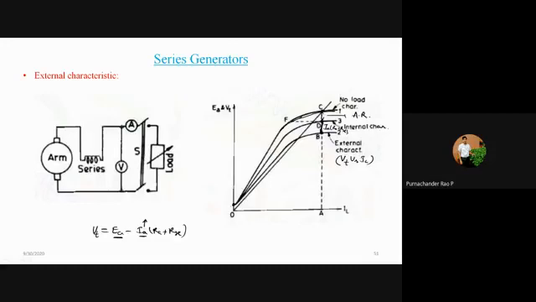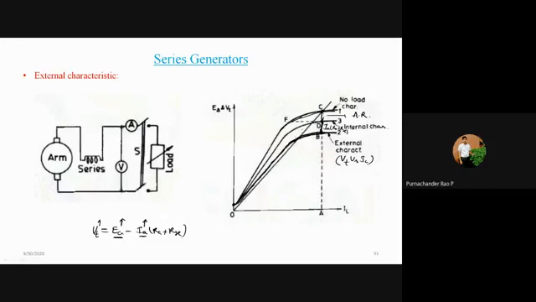Then as Ia increases, your generated voltage Ea also increases, and therefore your terminal voltage goes on increasing in this fashion. This will vary linearly, because Ea varies linearly, and therefore your terminal voltage also varies linearly. After that, your flux reaches saturation, and therefore the development of the voltage Ea is very less, and you may get a saturated point here.